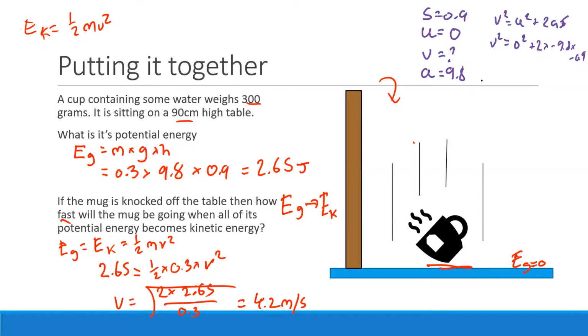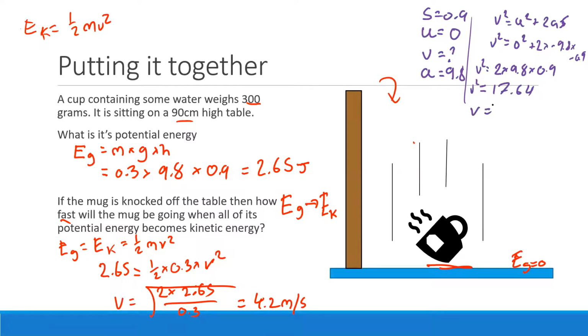The 0 is going to cancel out, and minus times minus is going to cancel out. So we have 2 times 9.8 times 0.9, which is 17.64. So V squared equals 17.64.